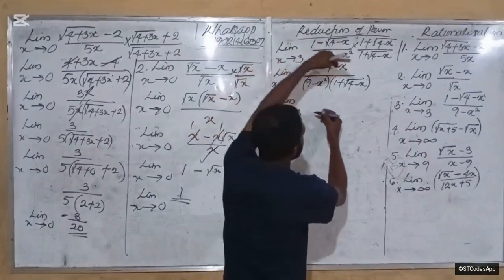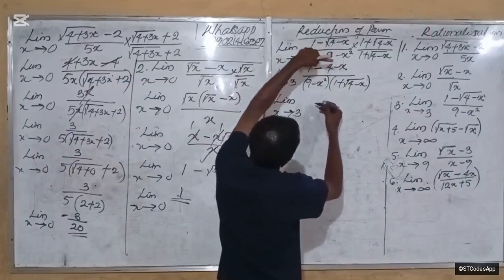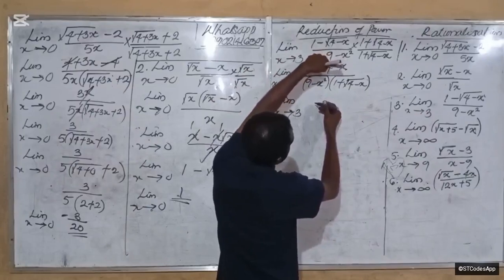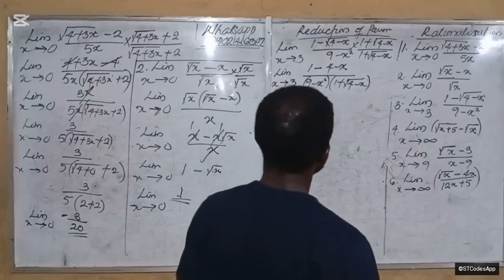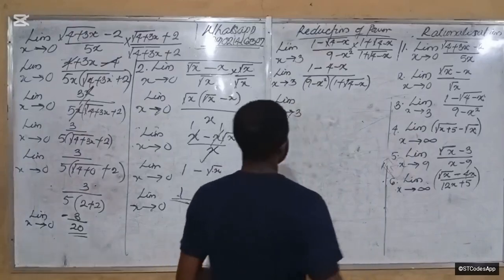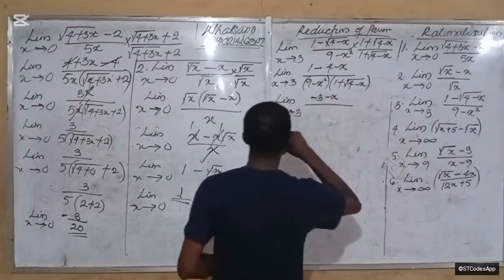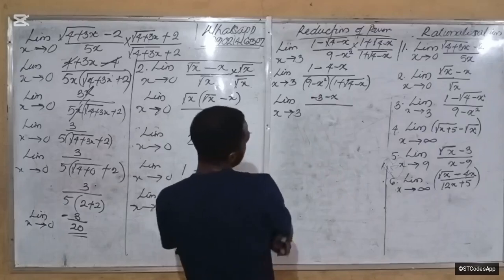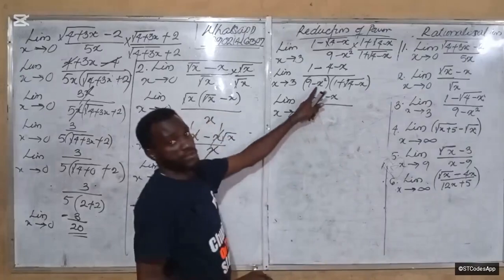So the limit as x approaches 3 of our expression becomes minus 3 minus x, right? Over, we already have a difference of 2 squares here.